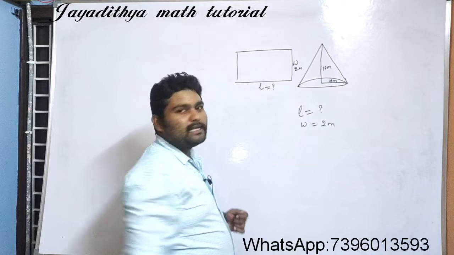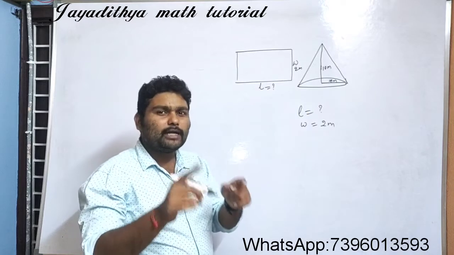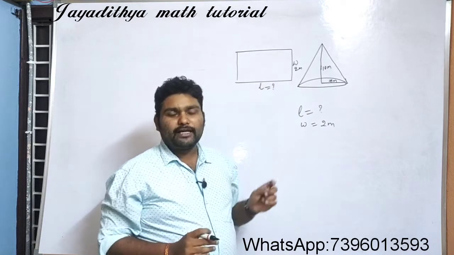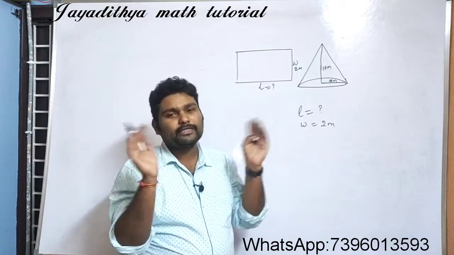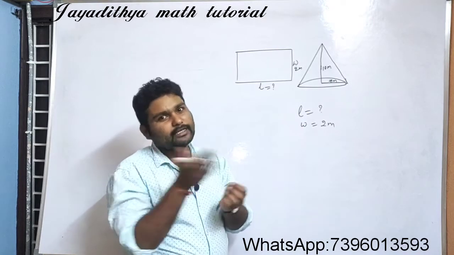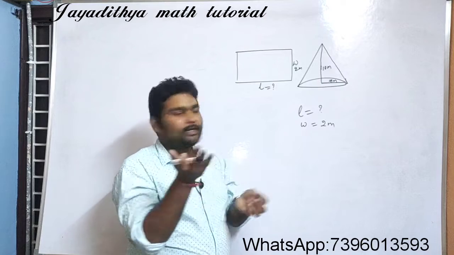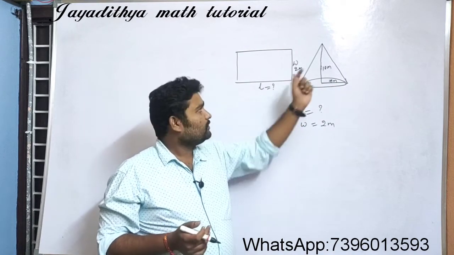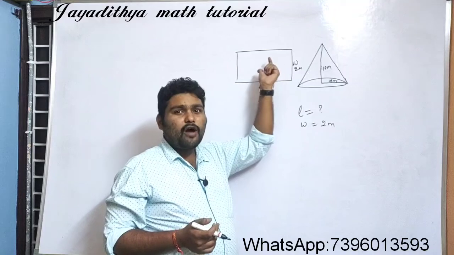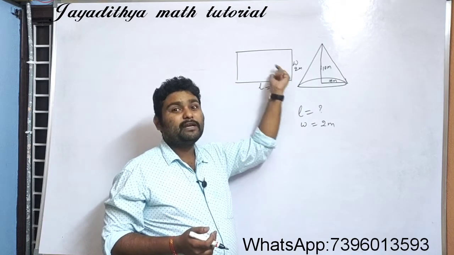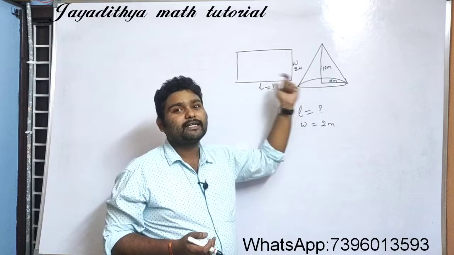Here the tricky part is that we use canvas only for the curved surface of the cone. We will not put canvas cloth on the base. So the area of this rectangular cloth will be equal to what in the cone?